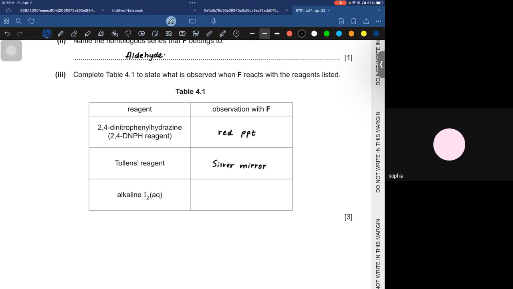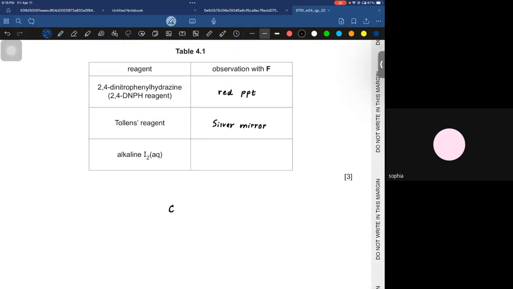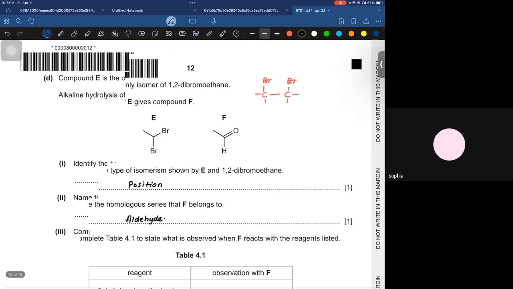Alkaline iodine. I told you that this is the iodoform test, and the iodoform test is going to be positive for the presence of this group. If this group is present, of course its test would be positive.